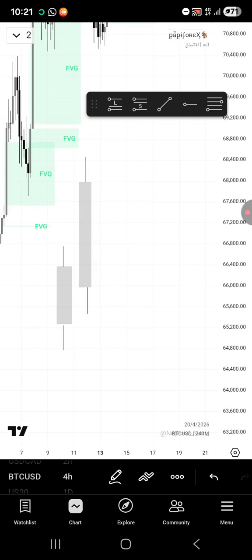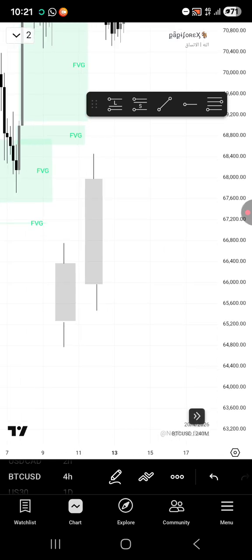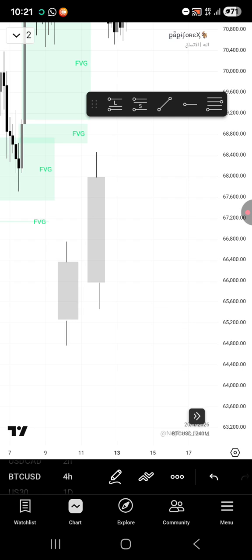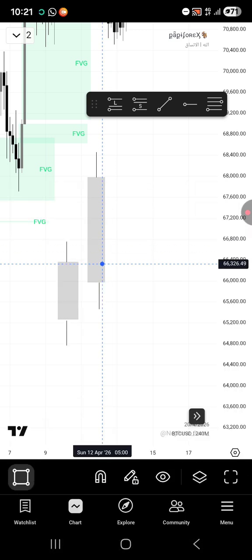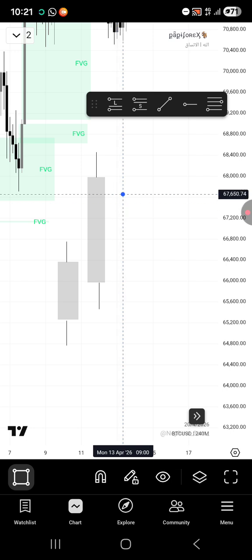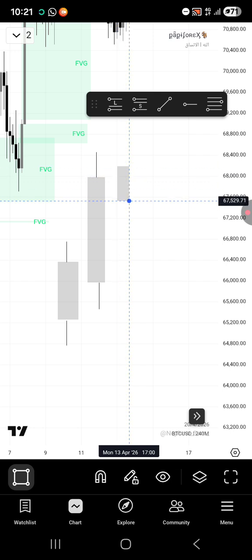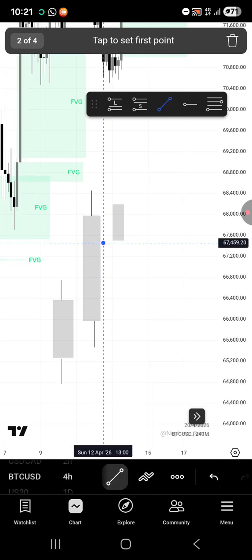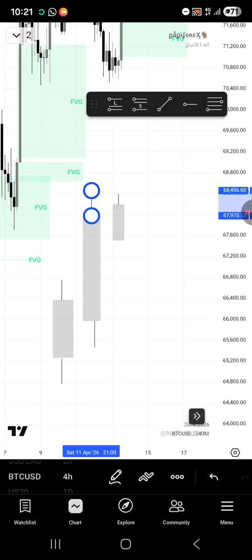You understand? So for the deep retracement fair value gap, we know how a fair value gap is formed. The first candle is a normal candle, then the second candle is an expansion candle, then the third candle. For a deep retracement fair value gap, the third candle will be something like this, but it will fail to go higher than this other one.